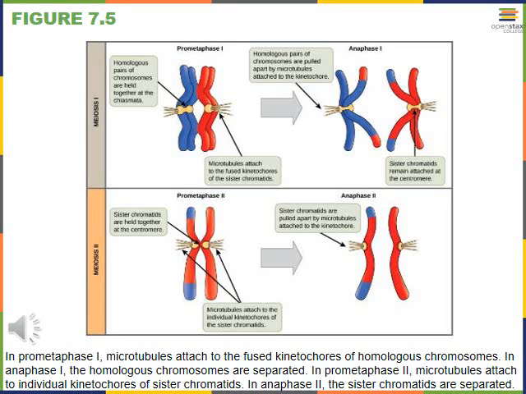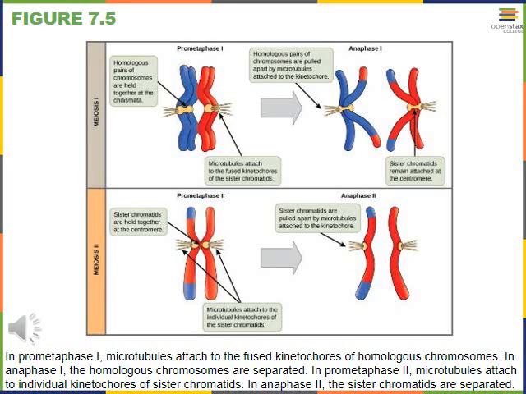All four together, the two blue ones and the two red ones, are not homologous to each other. Okay, so only the two colored ones that are the same are homologous chromosomes. In metaphase 1, both pairs are lined up in the center of the cell. Remember, they're pushed there by those spindles.